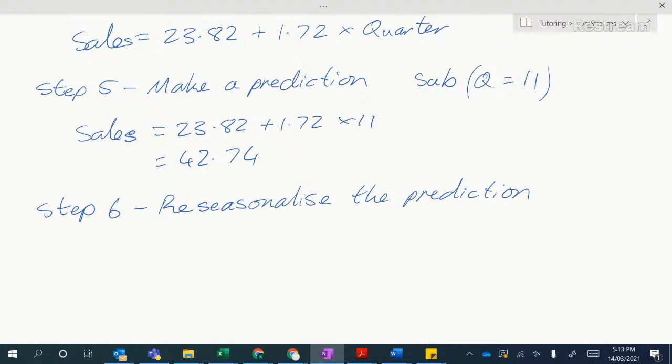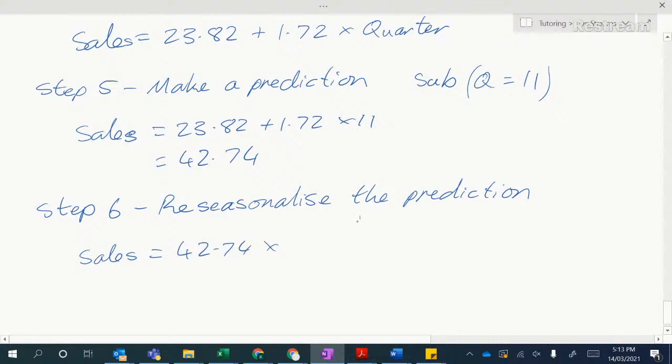So now if we want to make our prediction accurate, we may need to re-seasonalize our prediction. To do that, we need to take our prediction and multiply it by its seasonal index for that quarter.